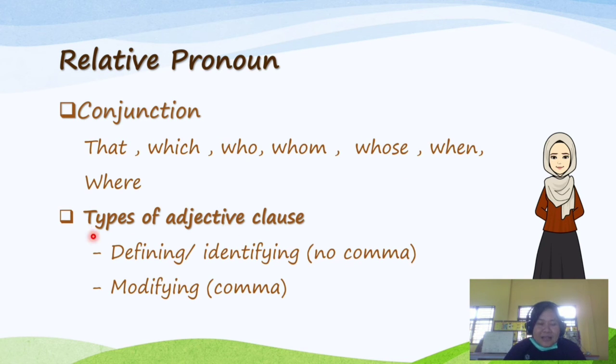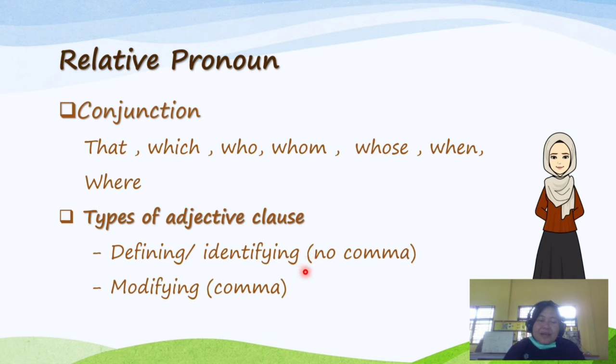Okay, now let's see the types of adjective clause. You have to know that there are two types of adjective clause. Defining or identifying, with no comma in it, and modifying, with comma.